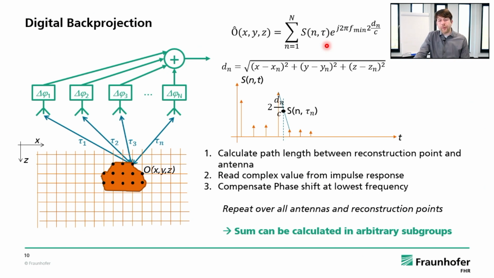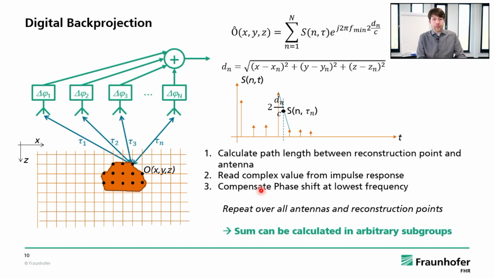And the algorithm needs to know that. So we have to compensate for a minimum frequency. After this, we have already compensated the phase, and we just add up the signal. So we go from antenna to antenna, compensate this phase, and add up. And so our object image adds up as before.